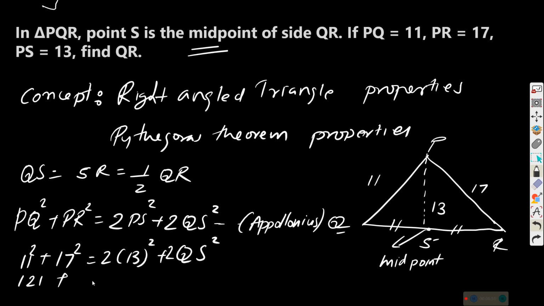121, 17 square is 289, 13 square is 169. Only QS square is not known. We will rearrange it, recopy it and go further.